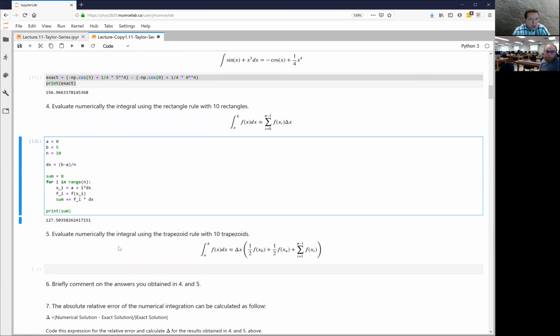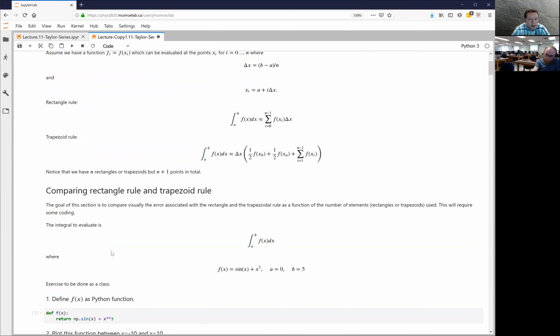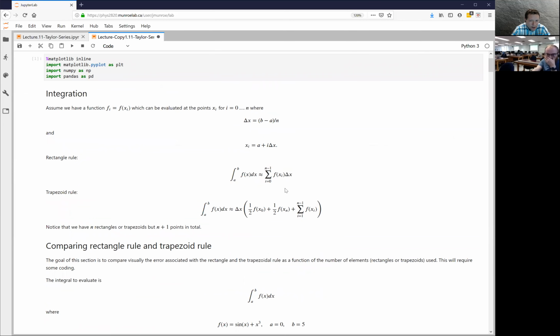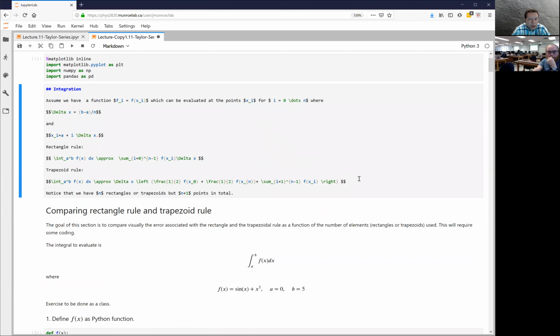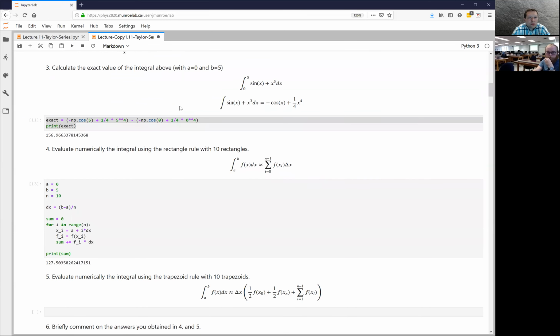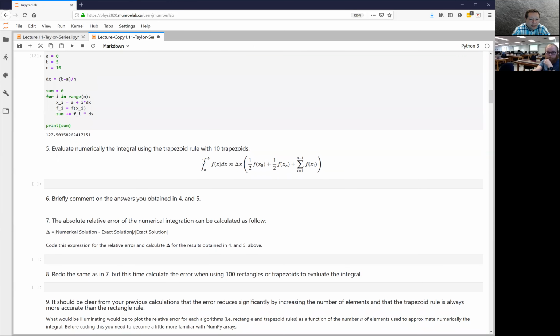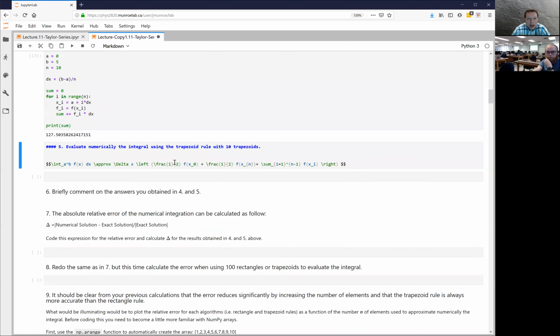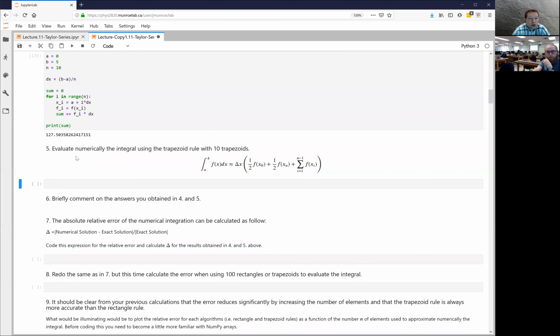Again, what might be useful is for you to scroll up to the top, find this bit of mathematical notation, double-click on the cell so you can edit it, highlight that bit, copy it, Control C or Apple C or whatever kind of computer you happen to be using. Scroll back down to evaluate the integral with the trapezoid rule, and paste that in right there so you can see what you're coding right beside what you're doing it.